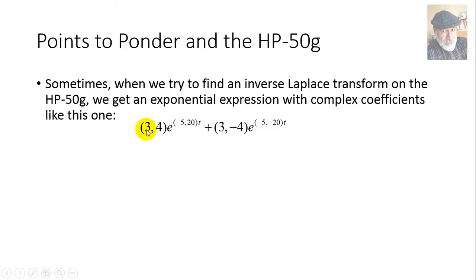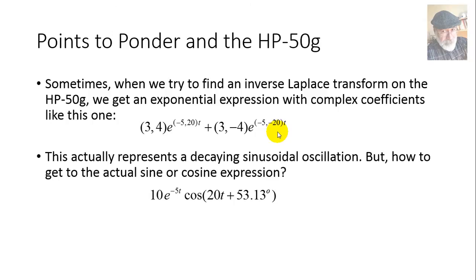Complex conjugate coefficients, 2 exponentials, and the exponents are also complex conjugate. You probably have seen this before and deleted it right away. You didn't want to deal with that. The reality is that that is a correct answer, and that answer can be simplified and consolidated into this one.